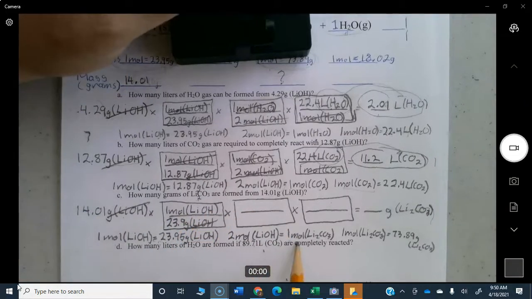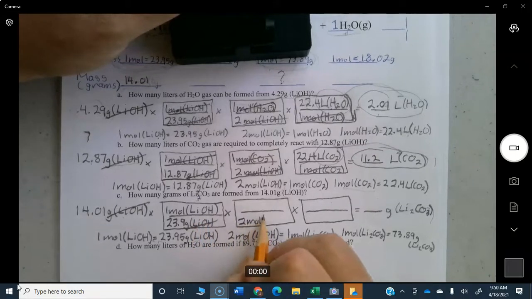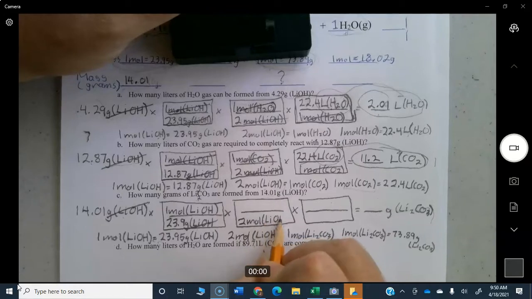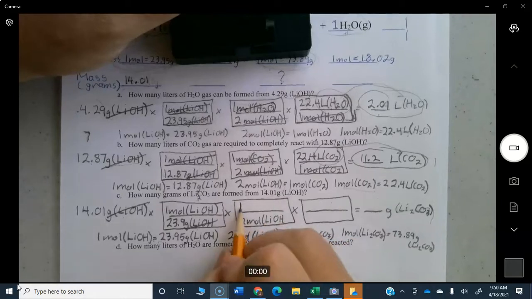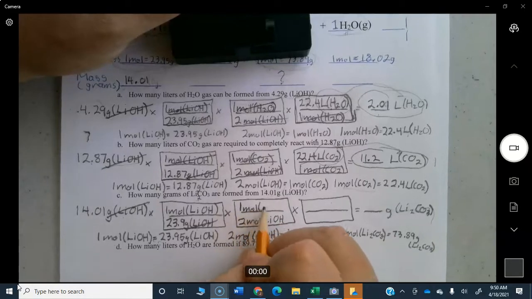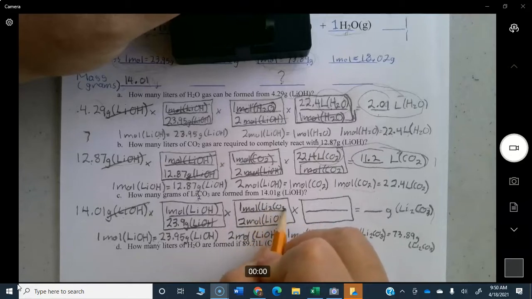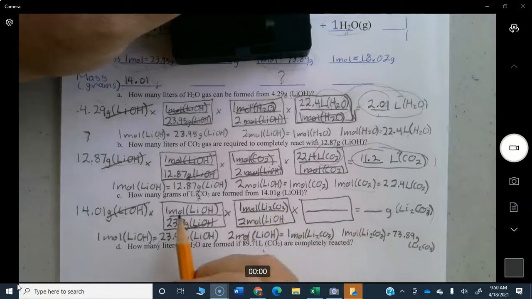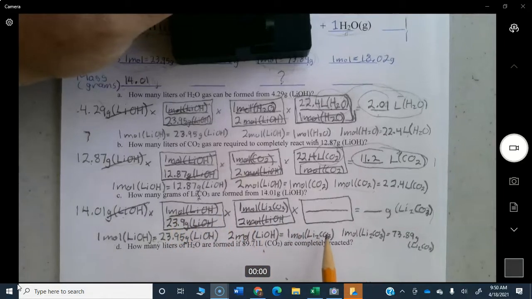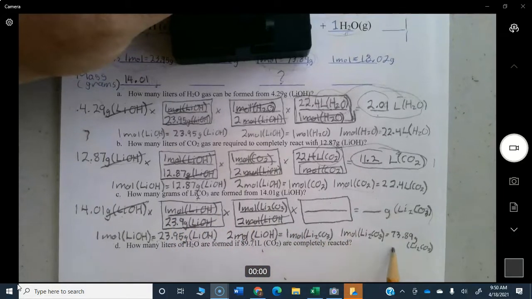Okay, so for these two, which one goes on the bottom? Has to be the same one as this, so it's moles of LiOH. Moles of lithium hydroxide cancels. Okay, finally the last one is the molar mass for lithium carbonate.